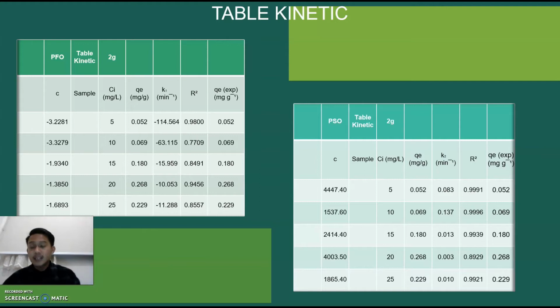In this table, there are C, sample, Ci, Qe, K1 for PFO and K2 for PSO, and the correlation coefficient R2 on both tables. And lastly, the Qe value, which we can get from the kinetic adsorption graph.